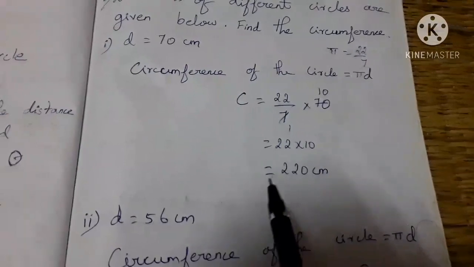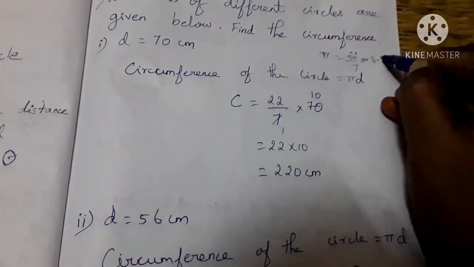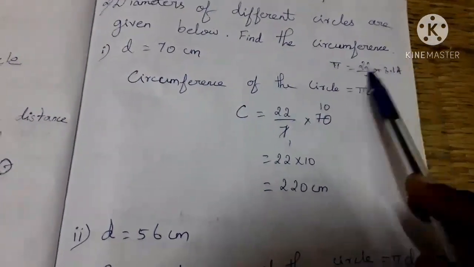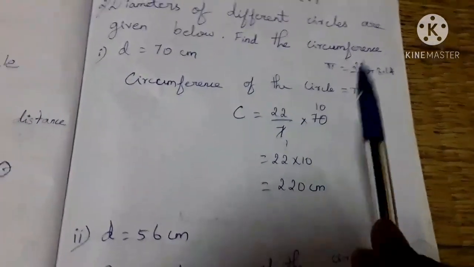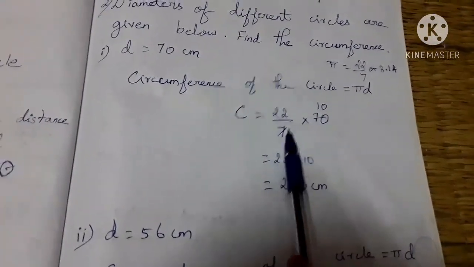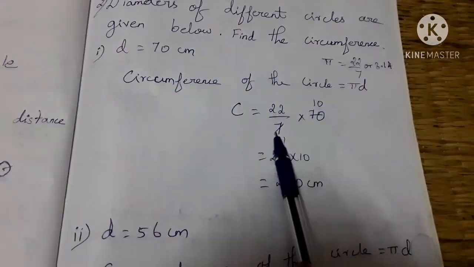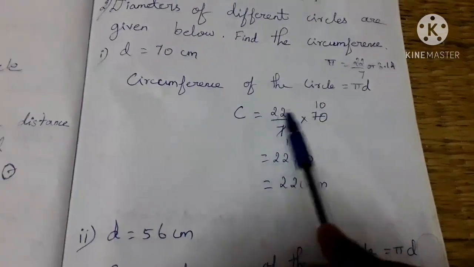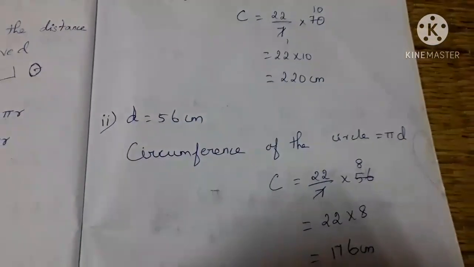If they have another value, it is 3.14. 22/7 or 3.14, in your question itself they will give. You have to use 22/7 or 3.14. Here they gave 22/7. So 22/7 into our diameter 70. We know that 1 7 is 7, 10 7s are 70. By cancellation, remaining 22 into 10, it is 220 centimeter.